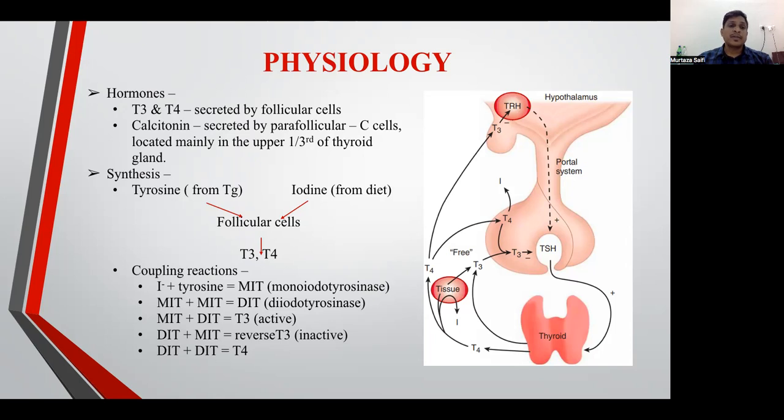Then diiodotyrosine and monoiodotyrosine form the reverse T3, which is an inactive form, and then two diiodotyrosines couple to form T4. So this is the basic physiology of the hormone secreted by the thyroid gland.